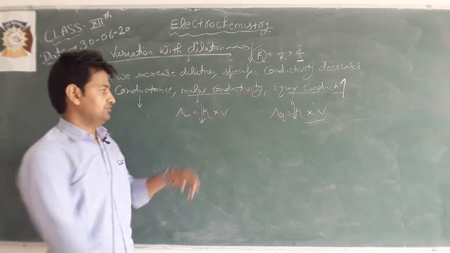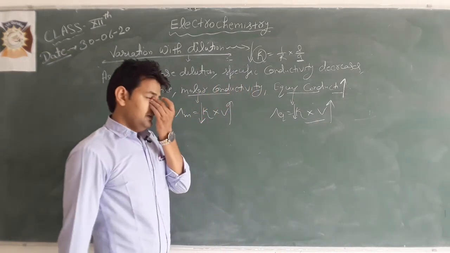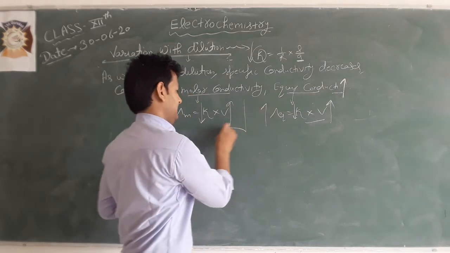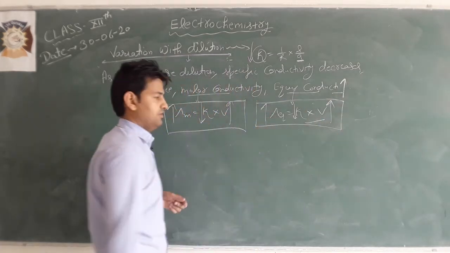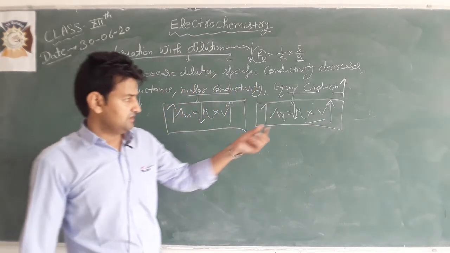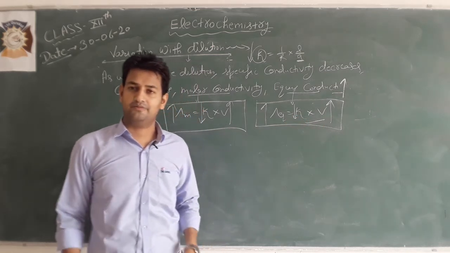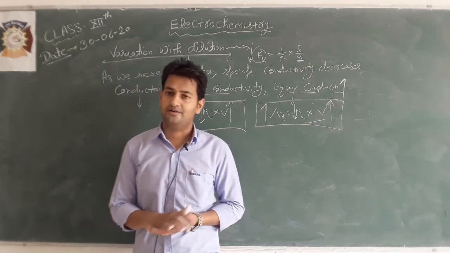As we increase dilution, volume increases. So this term also increases. Equivalent conductivity and molar conductivity will increase on increasing dilution, because the volume increases more as compared to the decrease in specific conductivity. So all these terms are related with dilution.